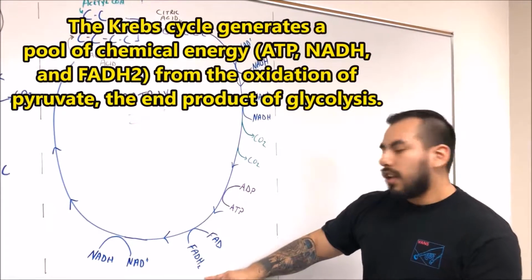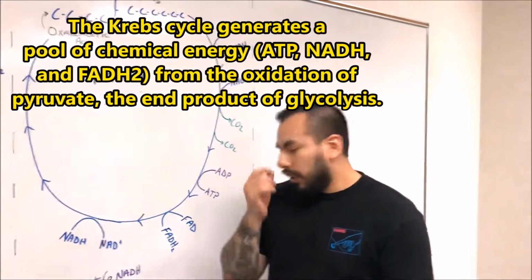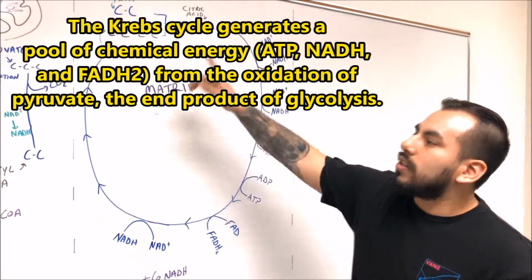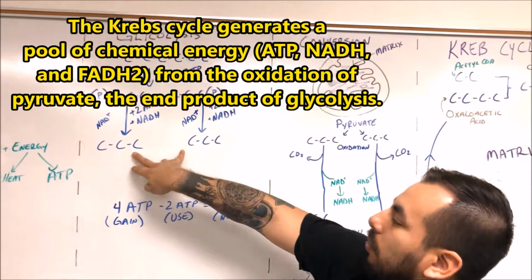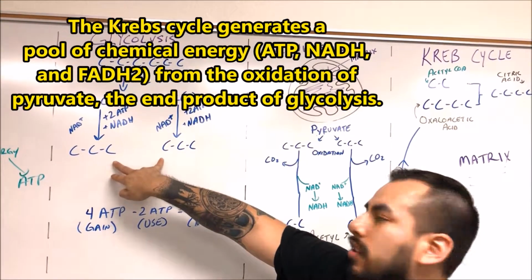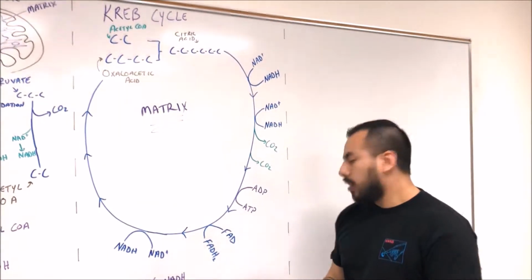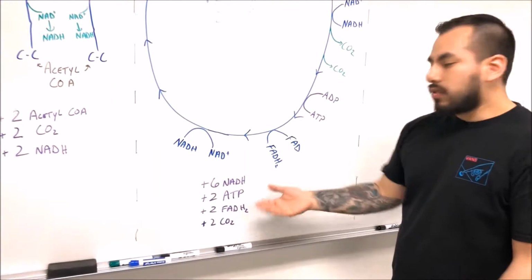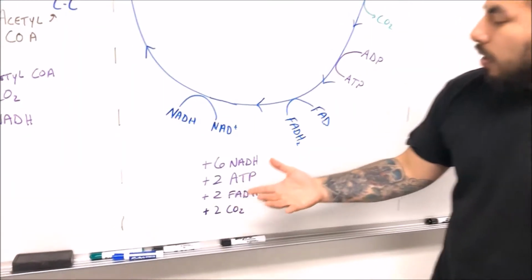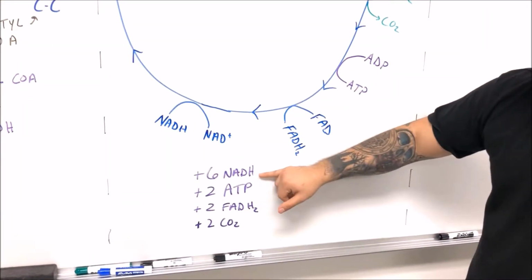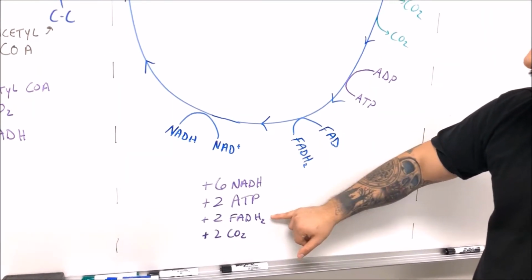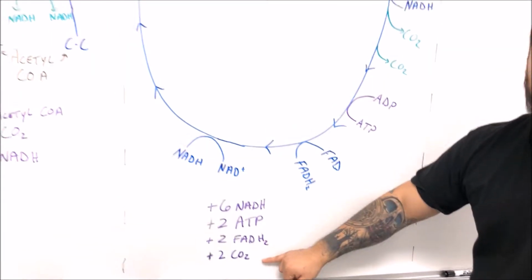FAD turns into FADH2. Now, in summary, since we're doing this cycle twice from each pyruvic acid, we have to account for twice as many molecules for each kind. So we end up with 6 NADHs, 2 ATPs, 2 FADH2s, and 2 CO2s as byproducts.